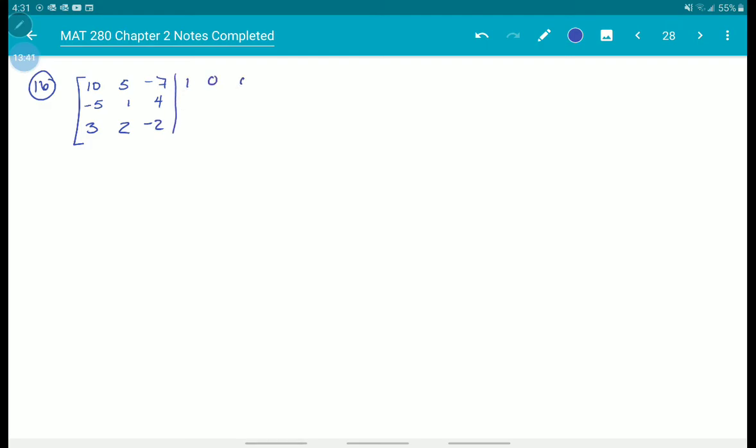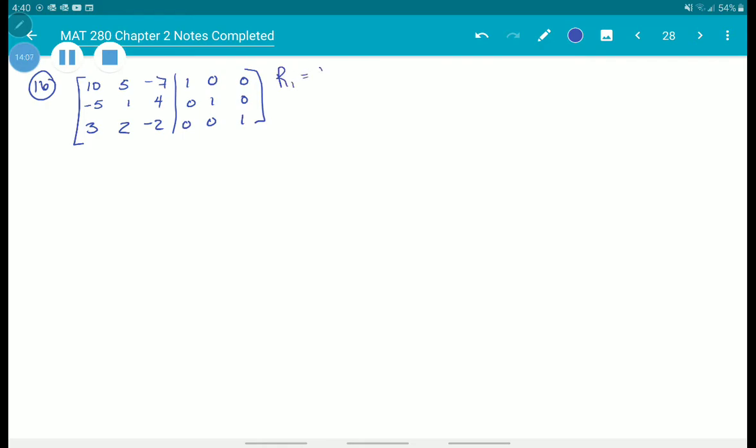This is where you may want to pause the video and try to do row operations here. So this one's probably going to have some fractions in it. I don't think I'm going to avoid them. I think I'm going to just go for it.